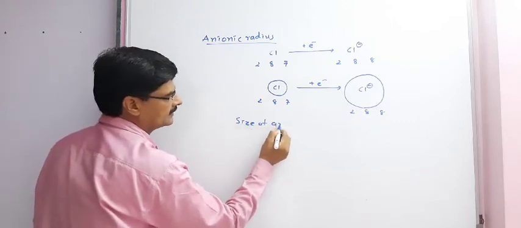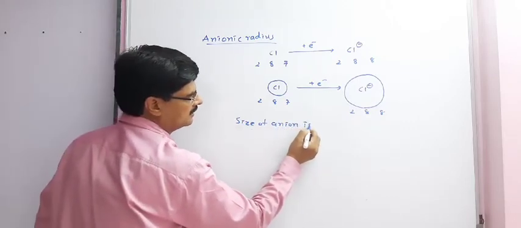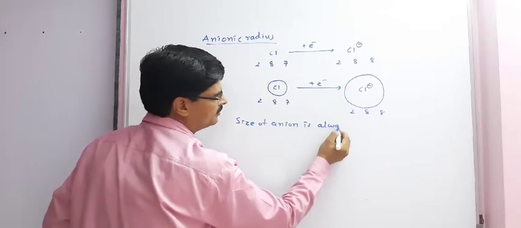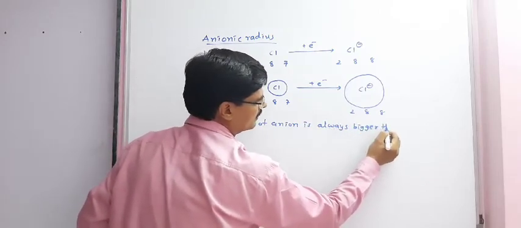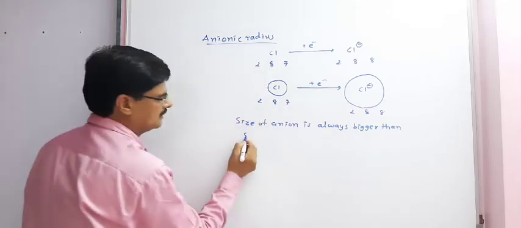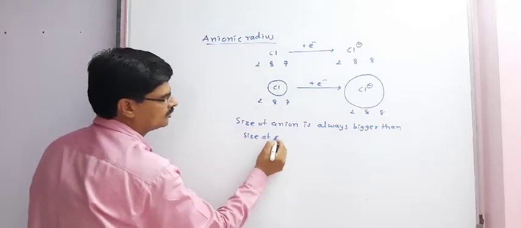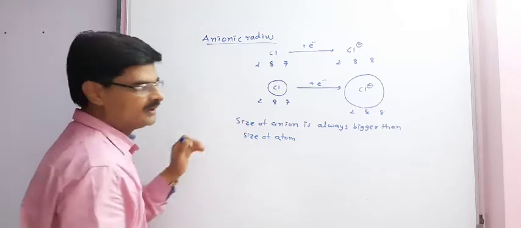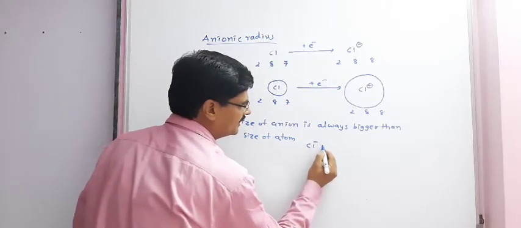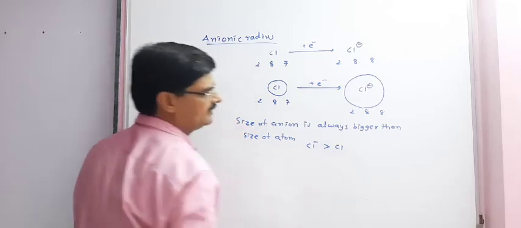The size of an anion is always bigger than the size of that particular atom. Here the size of Cl minus is greater than Cl.